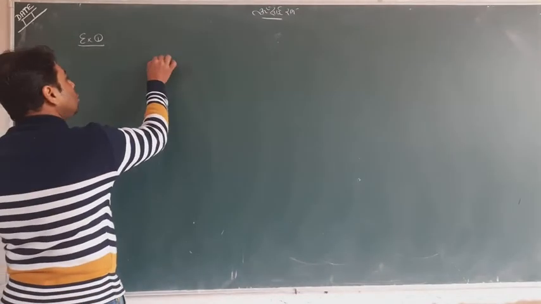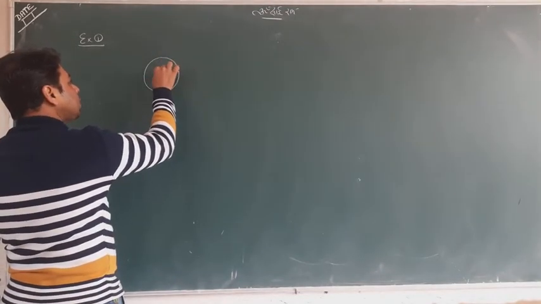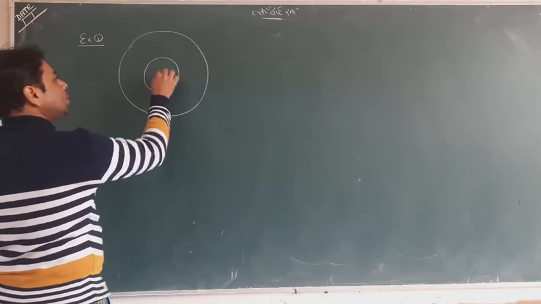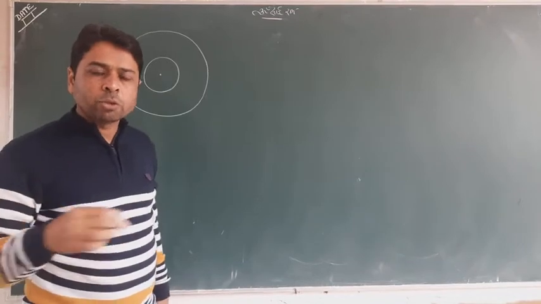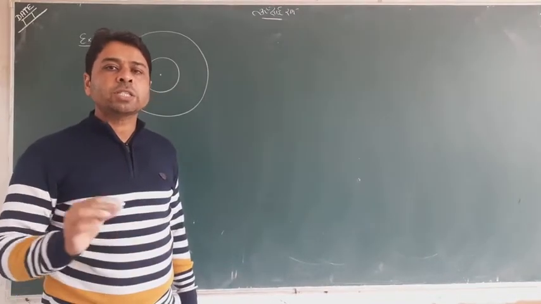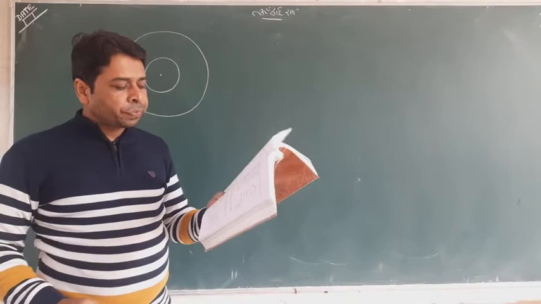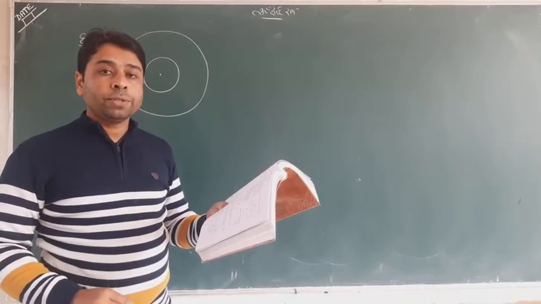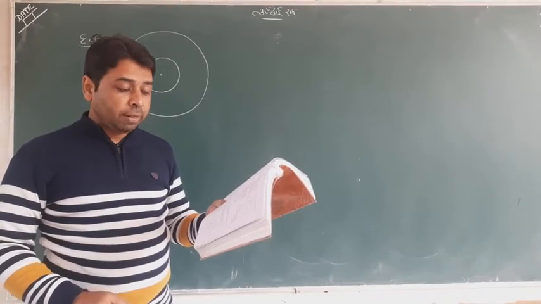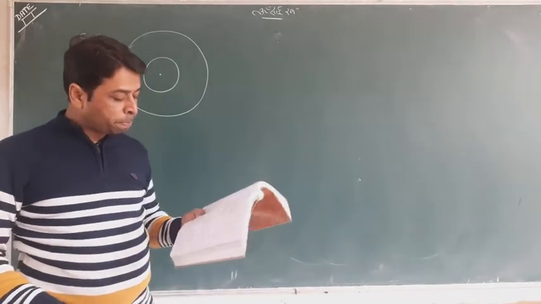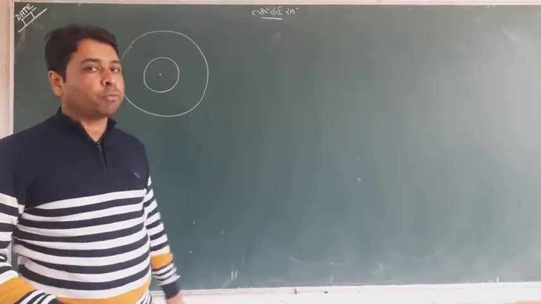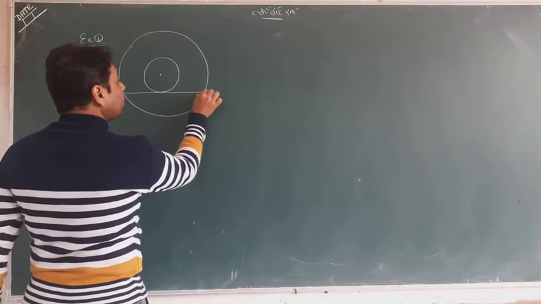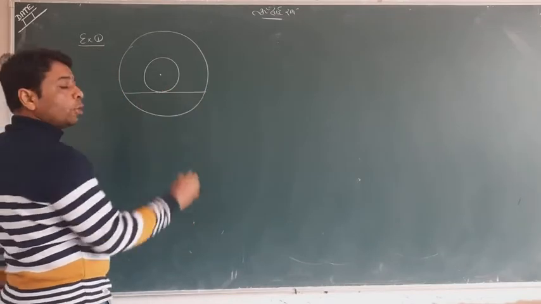Okay, let me draw. Suppose we have a smaller circle with this center, and a greater one with the same center. So these two circles are called concentric circles. The chord of the larger circle which touches the smaller circle is bisected at the point of contact.